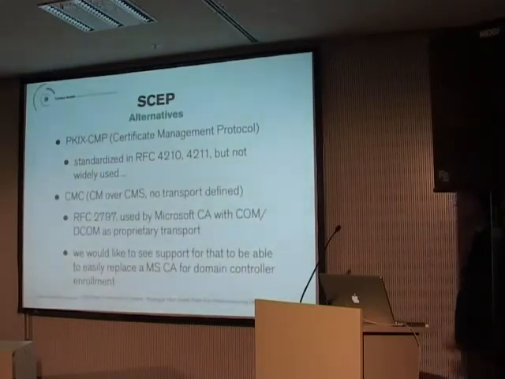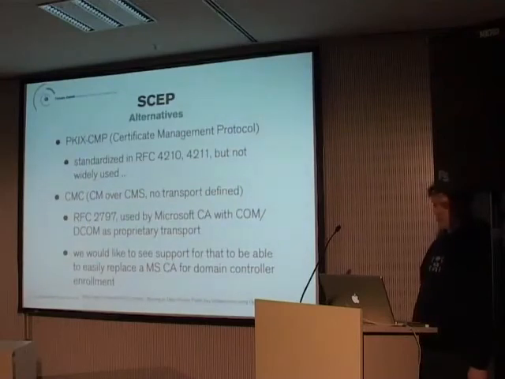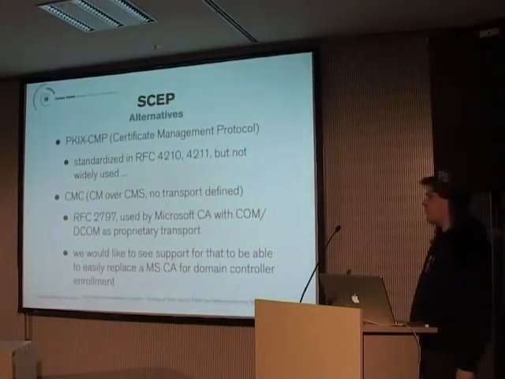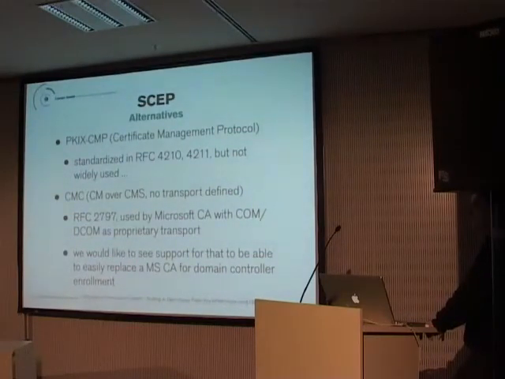So the other thing that is there is CMC, which is certificate management over cryptographic message syntax, which basically is a superset of PKCS7, and it's used in S/MIME as well, or it comes from S/MIME. It's standardized as well, and well, the problem is that there's no transport defined. So basically, somebody just chooses the transport, and of course, Microsoft just chooses COM/DCOM as a proprietary transport, and well, that sucks a bit.